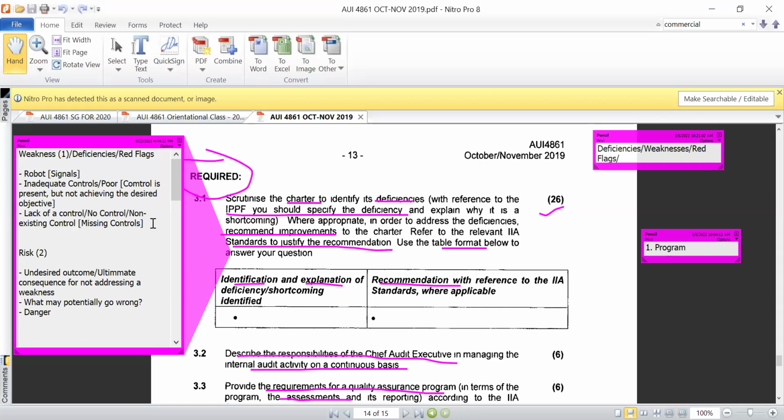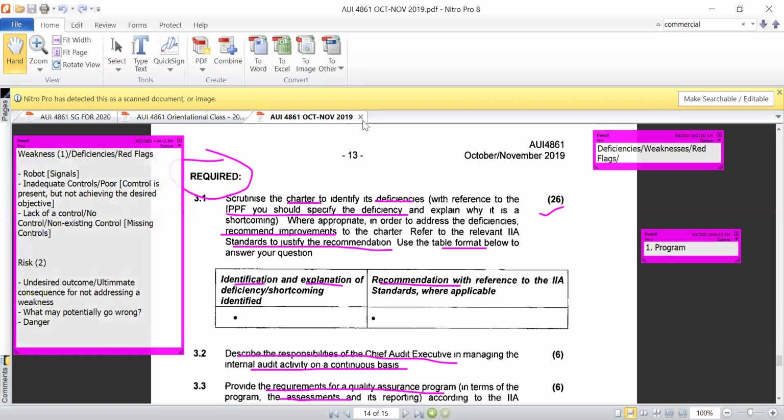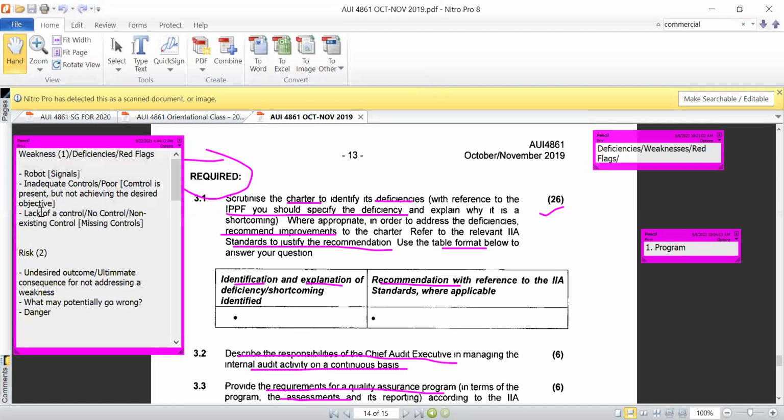So just to sum up this aspect, it can happen in two ways. Number one, something is existing, but it's just not being done right. Number two, something that is supposed to be done is not being done at all. That's where we say there's a lack of this, or there's no this.